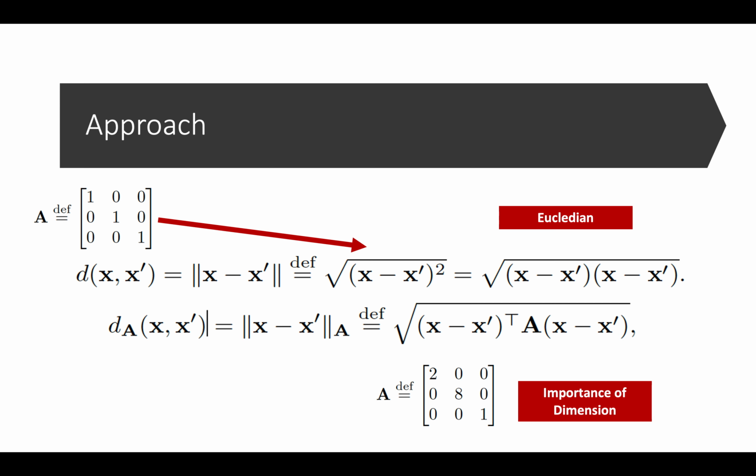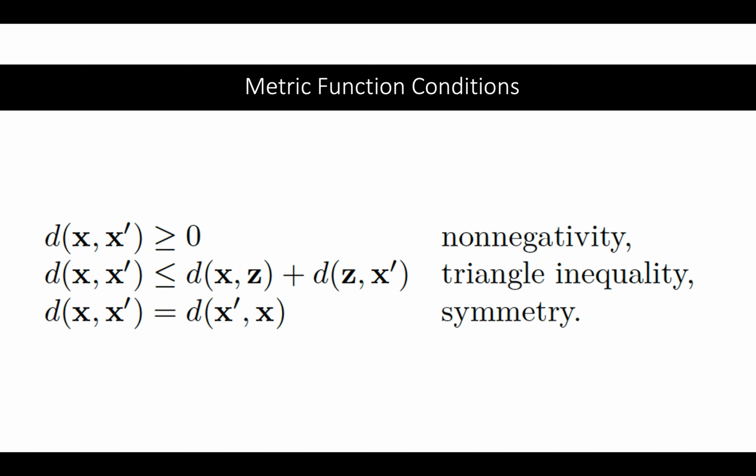More generally, for a function of two variables to be called a metric, it has to satisfy three conditions: non-negativity, triangle inequality, and symmetry. I'm sure you have seen these properties several times in several different courses. To satisfy the first two conditions, the matrix A has to be positive semi-definite.